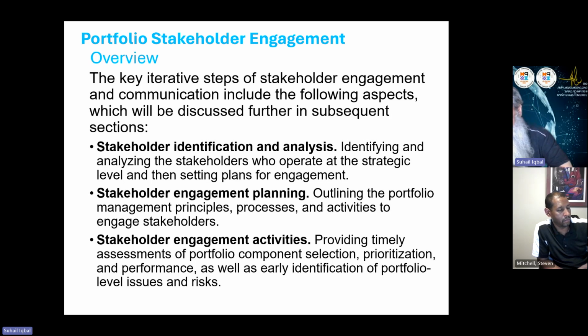And then we analyze them. Like in risk, after we identify the risk, we do the qualitative and quantitative analysis. I would say that this is as much in detail because even the stakeholders have to be qualitatively and quantitatively analyzed.